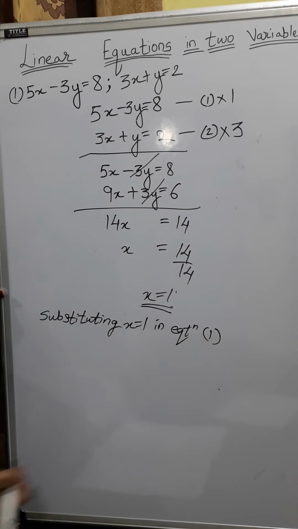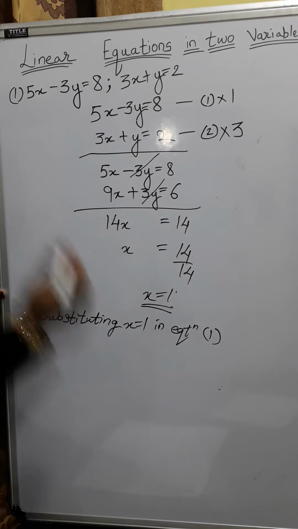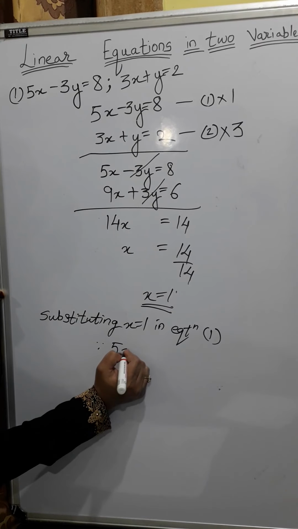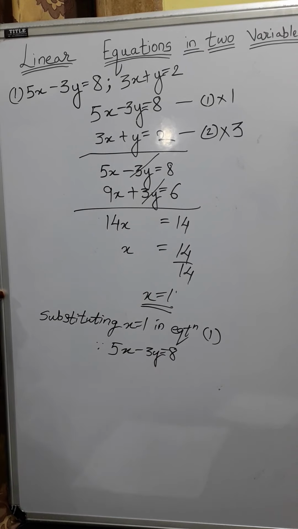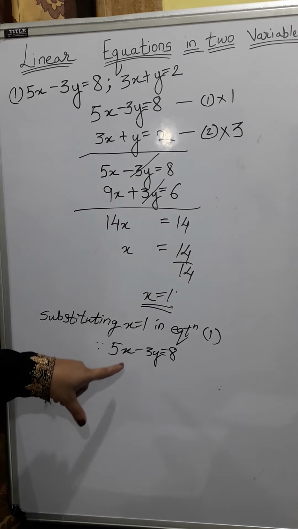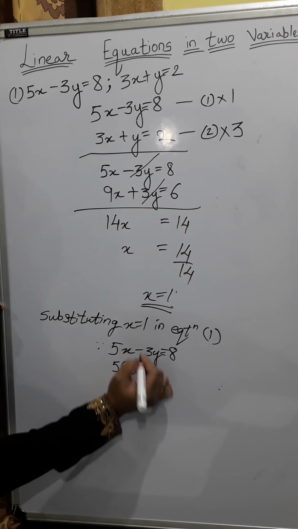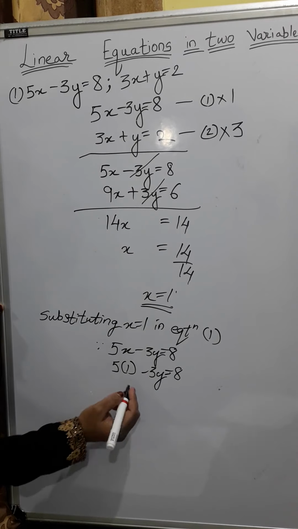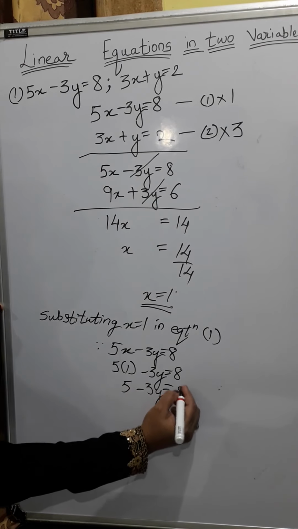You can substitute in any of the equations, but we are substituting in equation number 1. What is equation number 1? 5x minus 3y is equal to 8. Substituting x as 1, that will be 5 into 1 minus 3y is equal to 8. So 5 ones are 5, minus 3y is equal to 8.